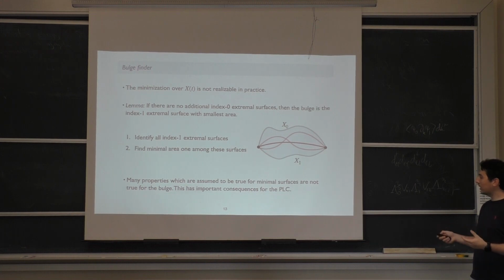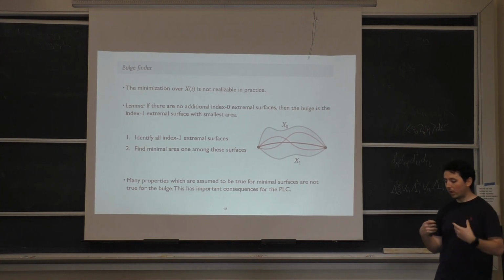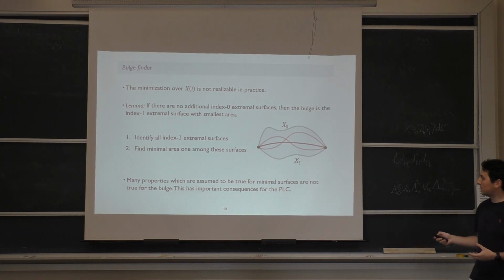And we were able to prove that under these circumstances, if there is no other index zero surface in between these two, then the bulge is the minimal area index 1 surface. So the way to identify the bulge is basically to identify all index 1 extremal surfaces in this region, and then pick the minimal area one among these.